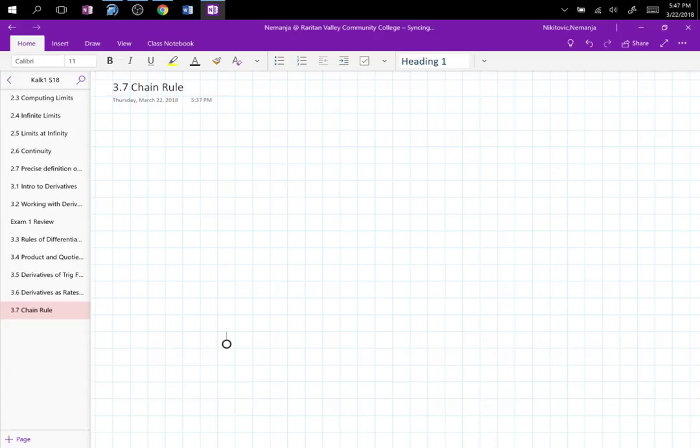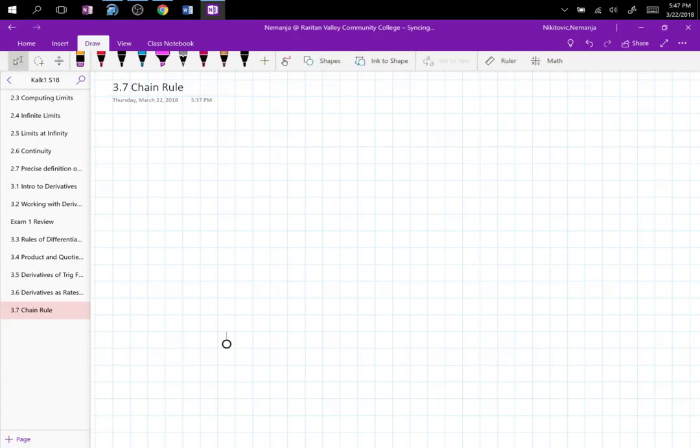Anyway, so what we are going to do is we are going to take a look at something very, very basic first, and that is function composition.